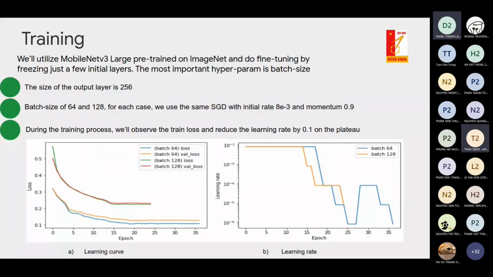How many layers do you have for MobileNet version 3? We don't remember, but because MobileNet V3 has shown very good performance on the ImageNet benchmark, we just employed it.